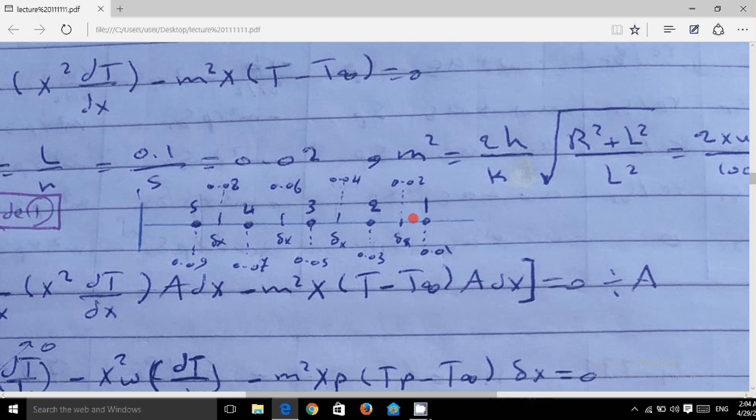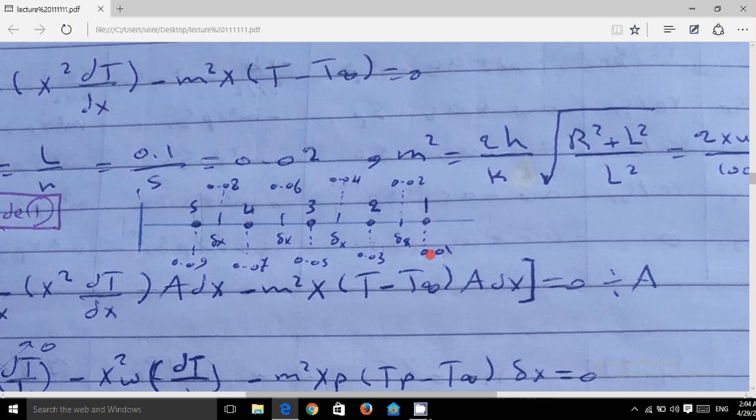How to find the x point? I found the x point by dividing delta x, from here to here, over 2. 0.02 divided by 2, I got 0.01.